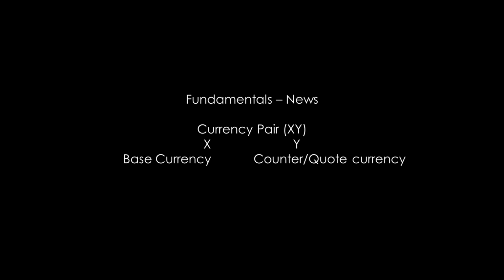Okay, so this X and Y, let's look at it further. Whenever you get information telling you to buy a particular currency pair or telling you to sell a particular currency pair, the question you need to ask yourself now is, what are you buying and what are you selling?